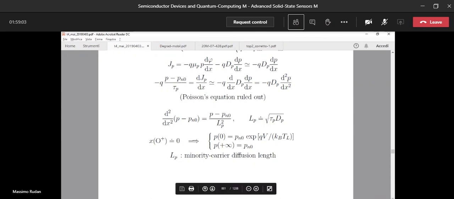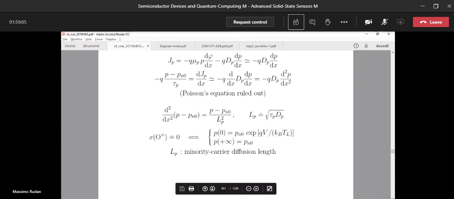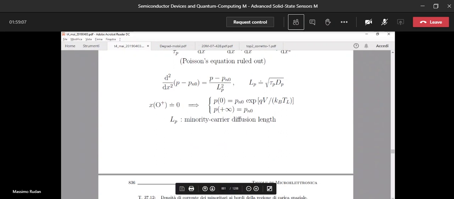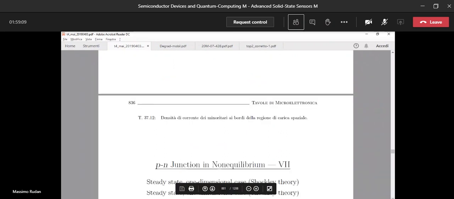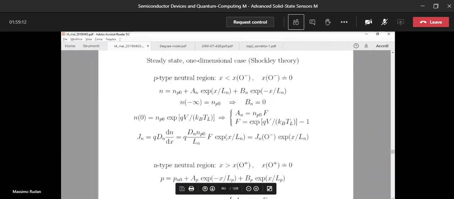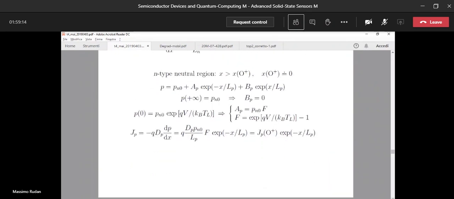The procedure for solving the equation is just the same. It is here. In the n-type neutral region, P is equal to Pn0 plus a linear combination of exponentials. In this case, you see the minus, just for convenience, we have placed the exponential with the minus first and that with the plus second.